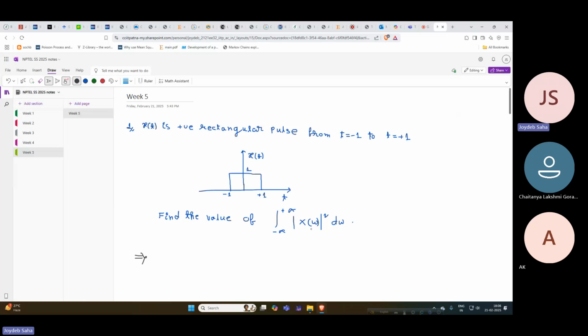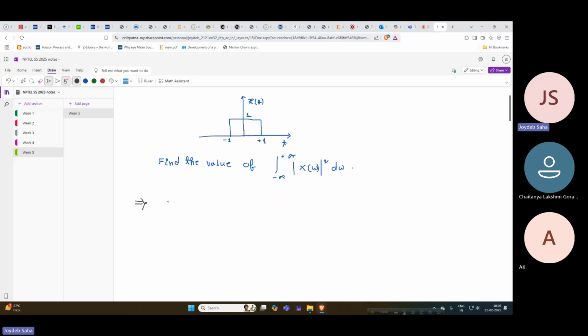And what is Parseval's theorem? Parseval's theorem is basically the theorem by which we can calculate the energy. So let us write Parseval's theorem.